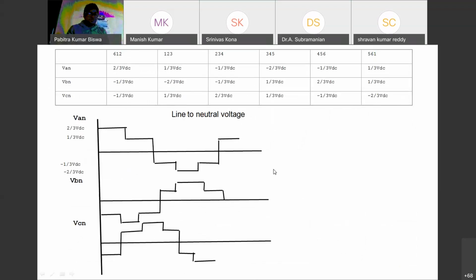Now we draw 2/3 VDC, then when 1 2 3 is on, one third VDC, then minus one third VDC. In such a way, I am drawing VAN, VBN and VCN. This is the line to neutral voltage waveform.